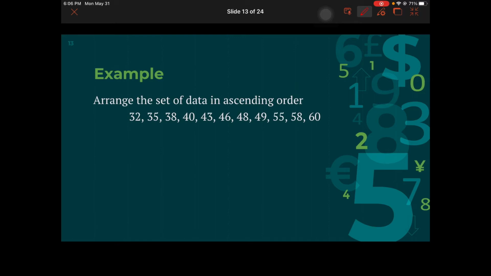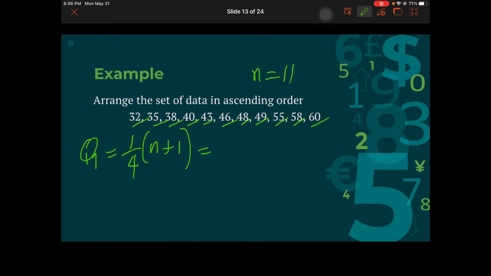Now, what we're going to do is to calculate for your Q1 and your Q3. How do we do that? First, of course, we have to find the position of our Q1. How do we do that? 1/4 of n plus 1. At ang n natin ay 1, 2, 3, 4, 5, 6, 7, 8, 9, 10, 11. Okay, so this is essentially 12 over 4.